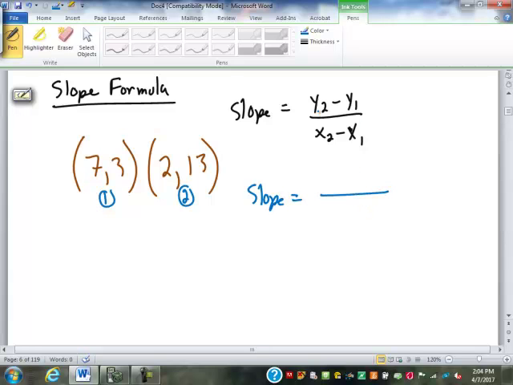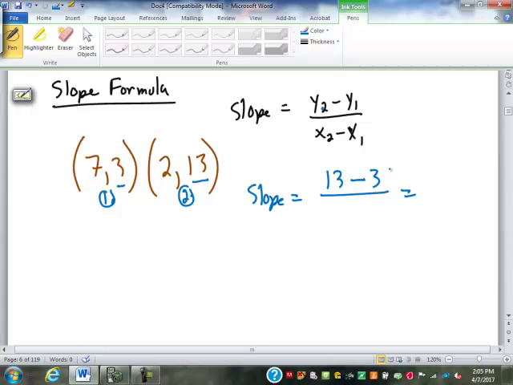Now for the rise, what's going to be y2? 13, good. Point 2, the y-coordinate is 13. And then minus y1? 3, good. Point 1, the y-coordinate is 3.